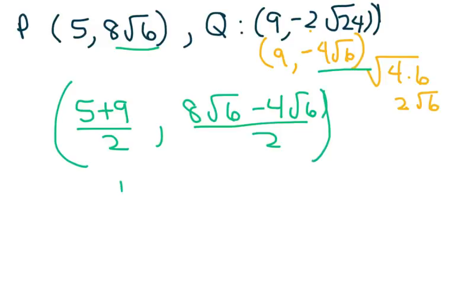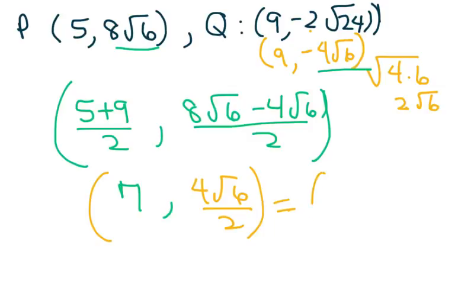So we're going to get 7, and this is going to be 2, 6, this is 4, this is 4 square root of 6 over 2, and that can be further simplified as 7, and this would be 2 root 6. Alright, and that's basically your midpoint. Thanks and have a nice day.